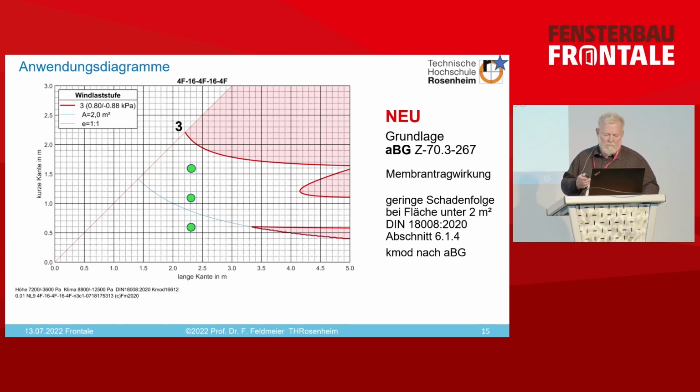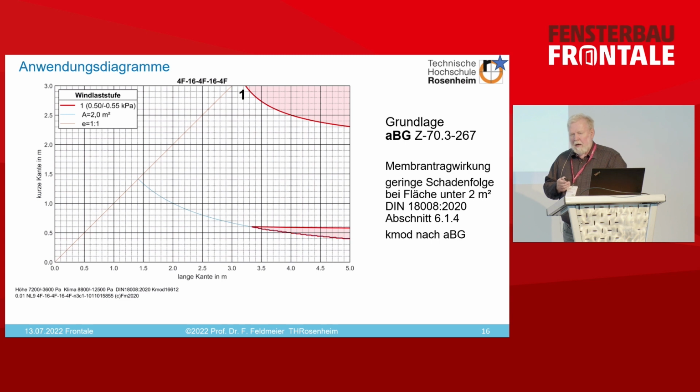So this is 0.8. In regular buildings, this is actually the regular wind burden. You don't have a lot of wind if it's just one level. So you could also use bigger glasses.